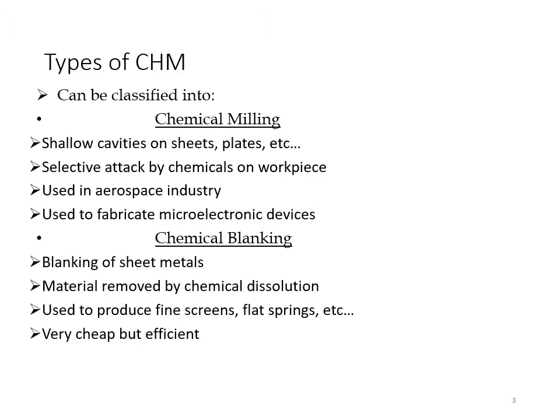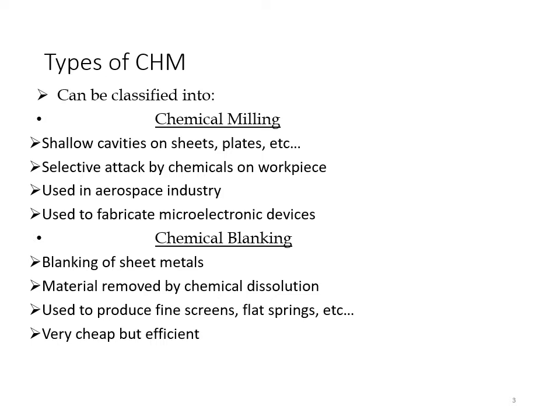In the last video, I had discussed the basic principle of chemical machining process, the types of maskants, and the application of maskant by three methods: the cut and peel method, photographic sensitive method, and the screen method.